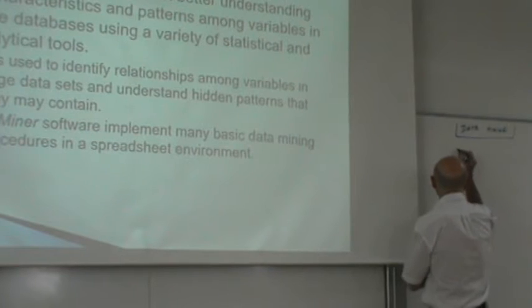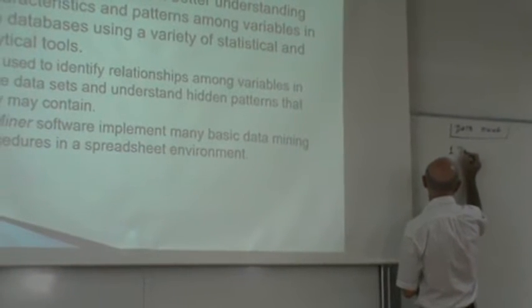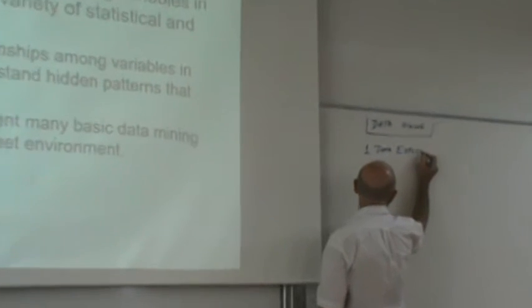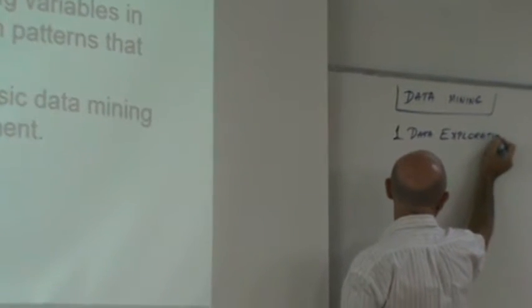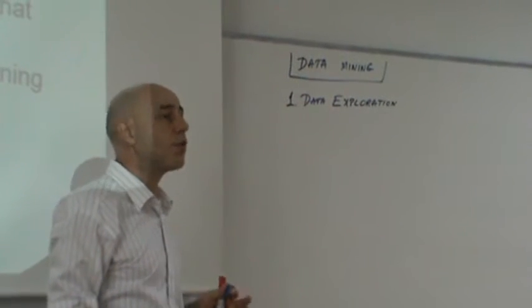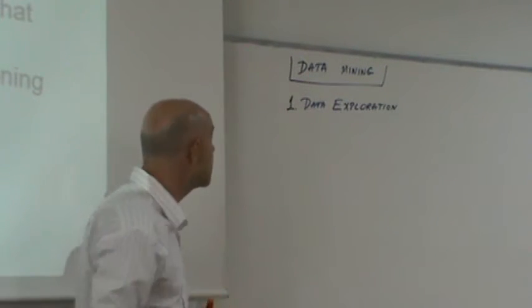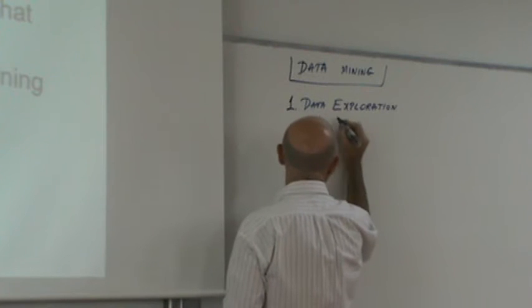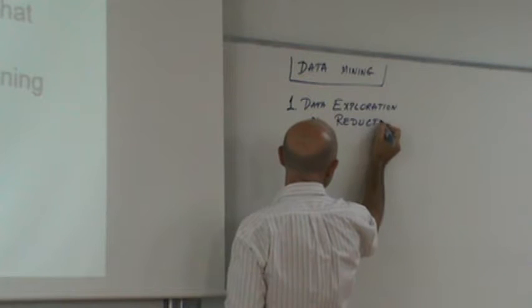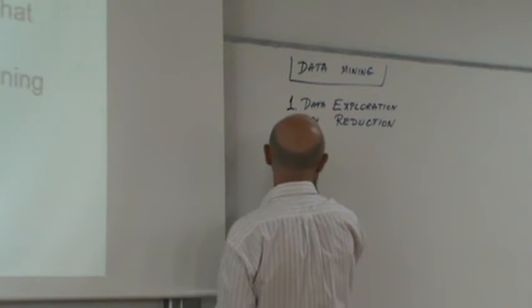The first big thing is data exploration. You try to explore the data, just see what it is, and part of data exploration is what may be called data reduction.